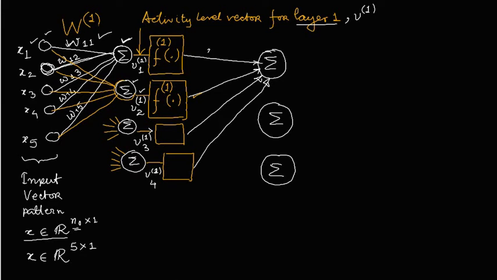Because it is from the first neuron, it will be W1, and this is connected to the first neuron and is getting input from the second activation function. So the first subscript corresponds to the neuron, and the second subscript corresponds to the activation function, so it will be W12. Similarly, W13 and W14.